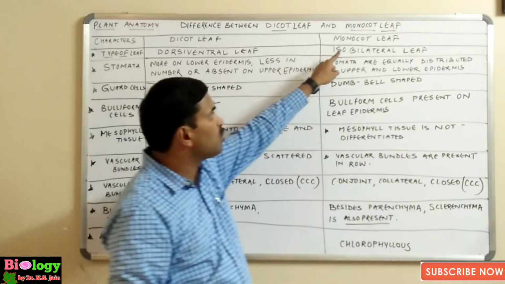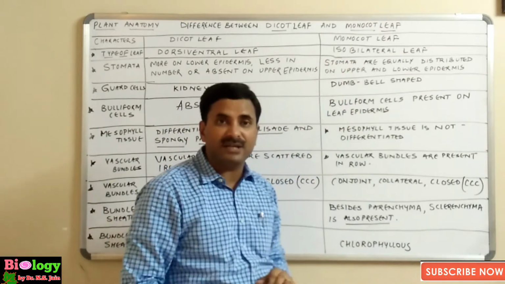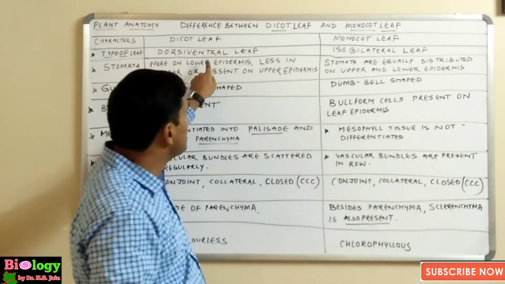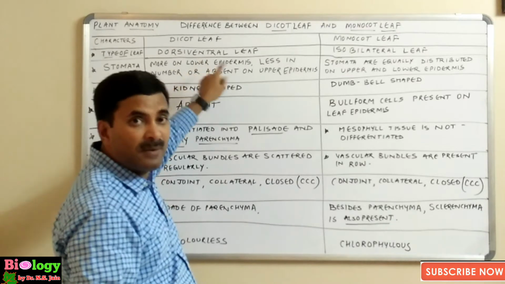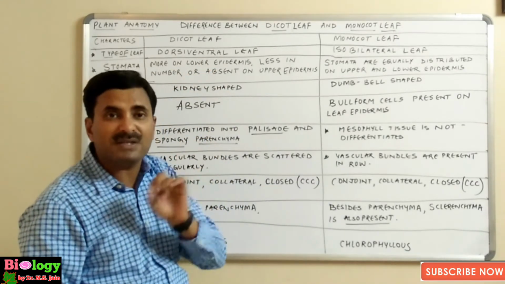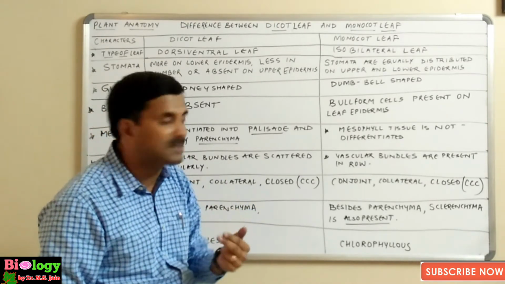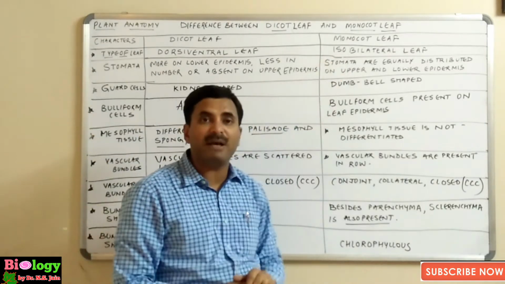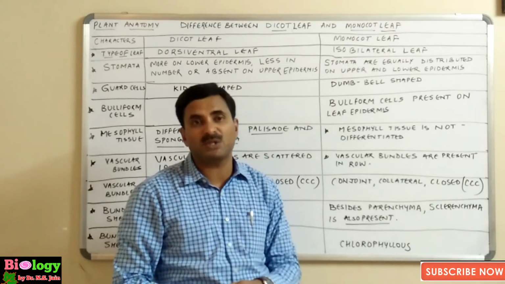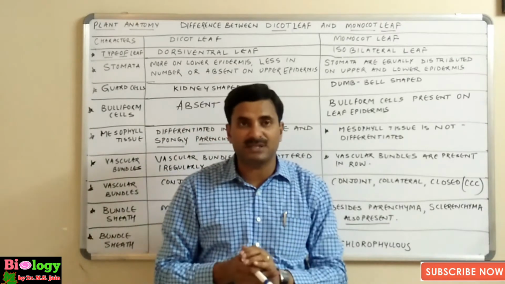And the monocot leaf is a little bit different. It is an isobilateral leaf. In the dorsiventral leaf, both the surfaces of the leaf are not similar. The dorsal surface is different from the ventral surface. But in the case of the isobilateral leaf, both the surfaces of the leaf are similar. They do not have differences.